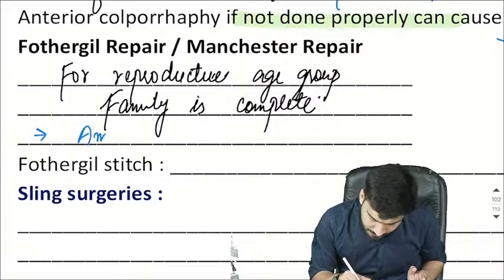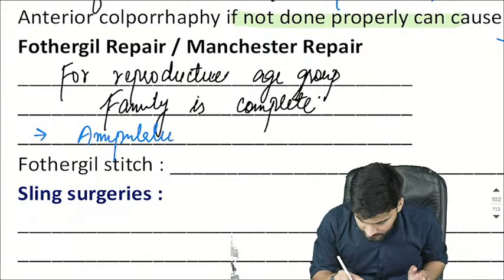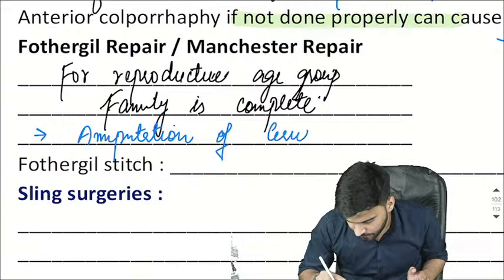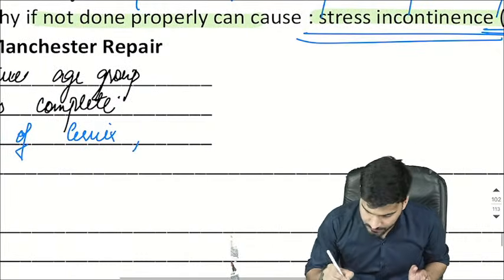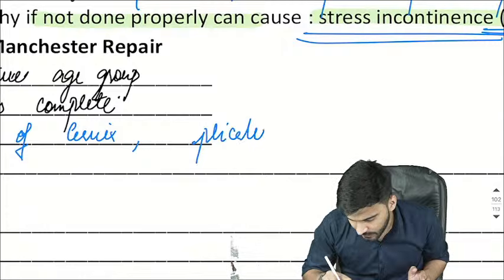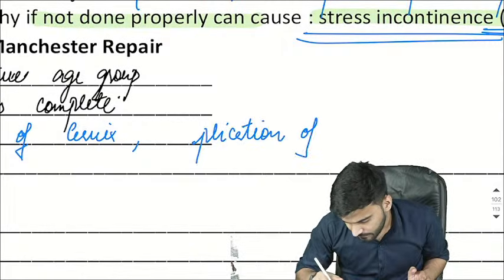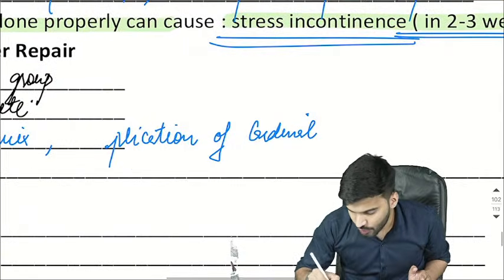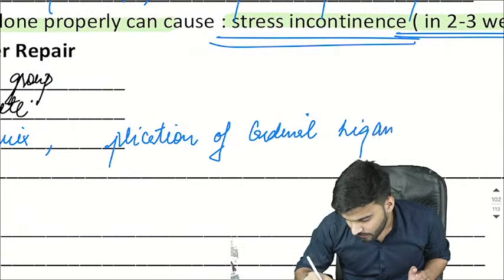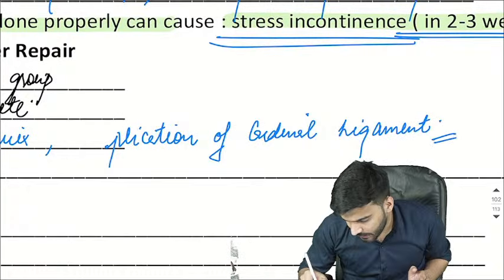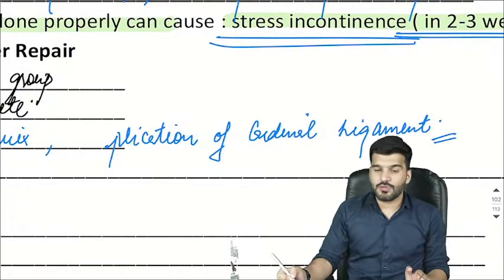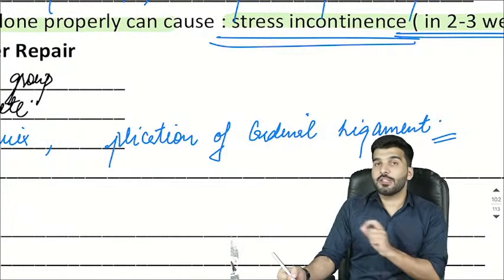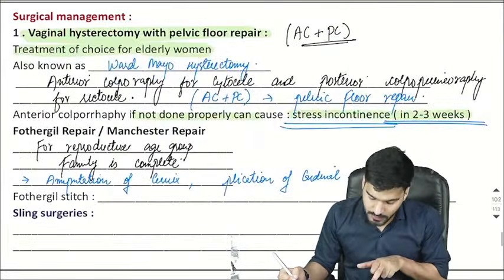We do the amputation of the cervix and we do the plication of the cardinal ligament. This is the treatment for a woman of reproductive age group having prolapse, Manchester repair or the Fothergill surgery.